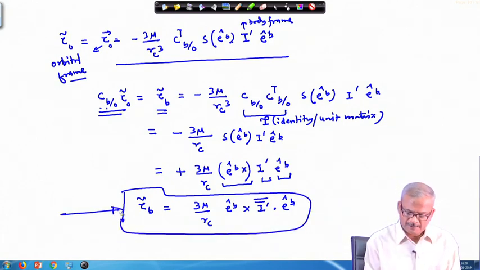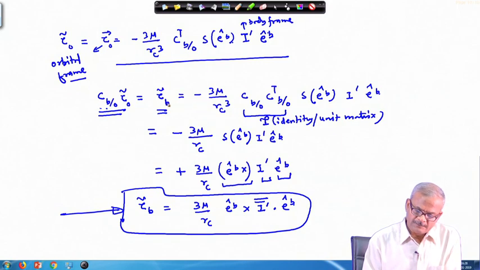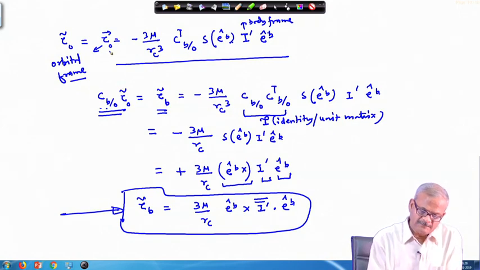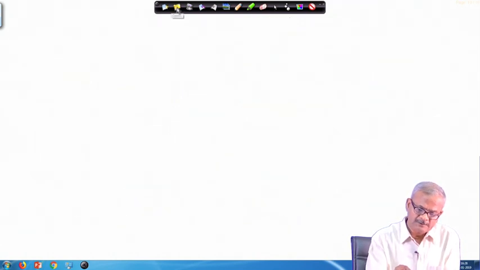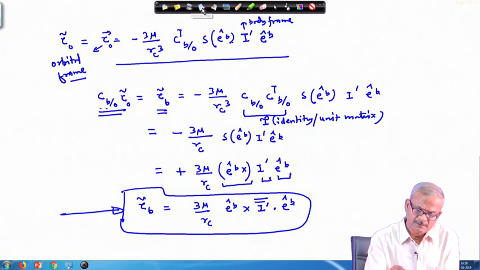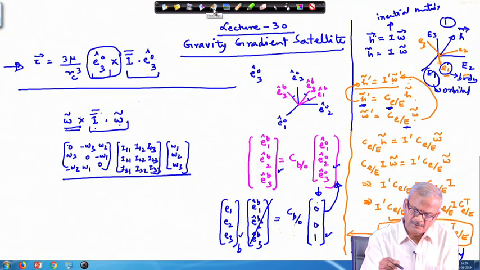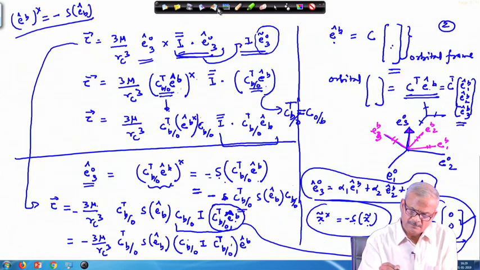One thing I will draw your attention to, that this has been converted to the B frame by multiplying it by C B slash O. This is the transformation matrix which goes from orbital frame to the body frame, but the same thing we have not done while converting from this.